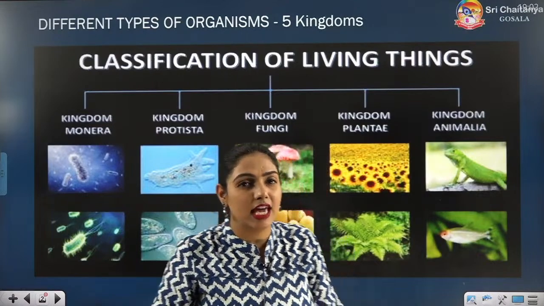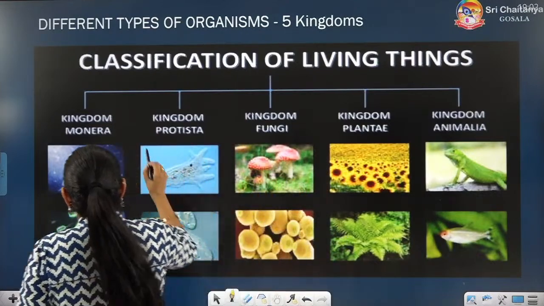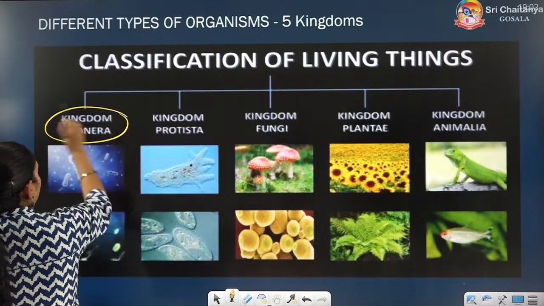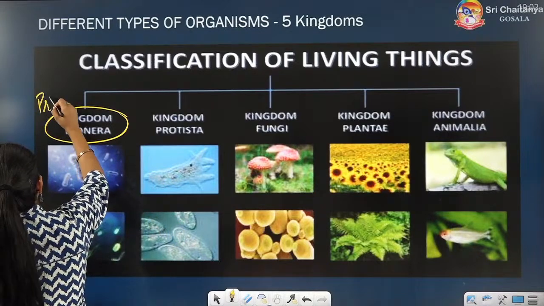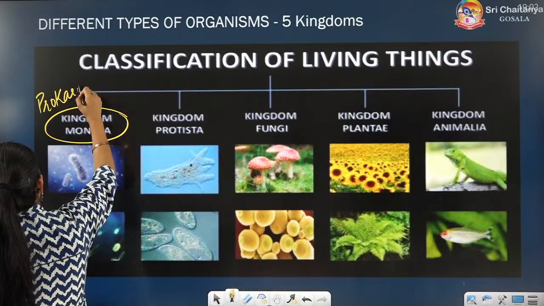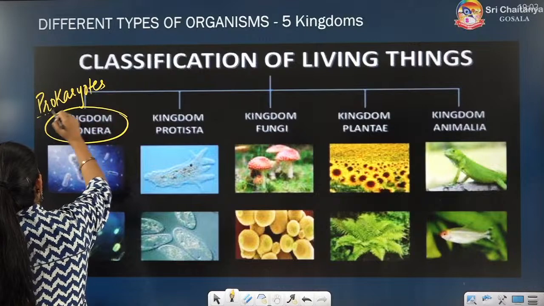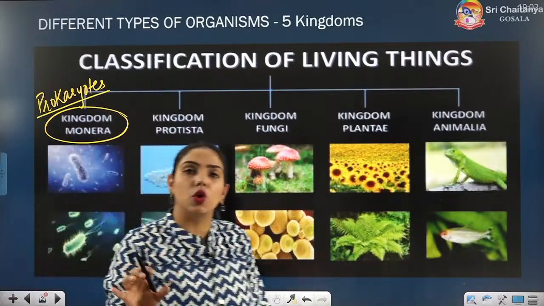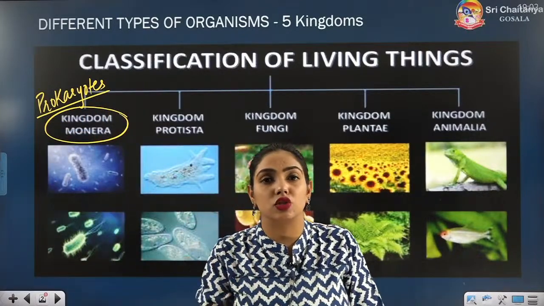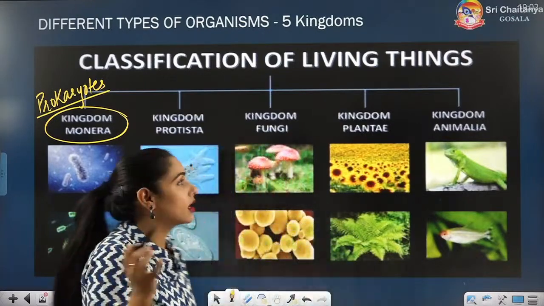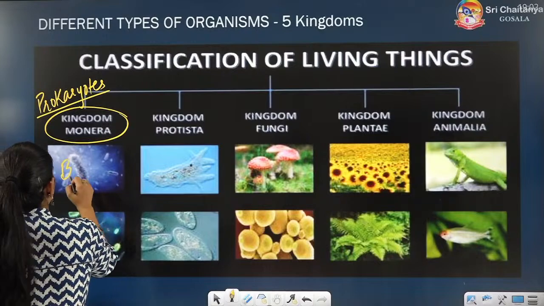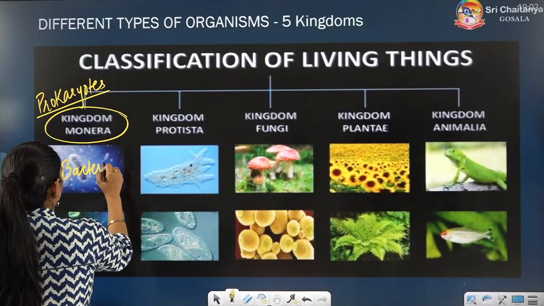If we talk about the kingdom Monera, in this kingdom we are talking about the prokaryotes. Prokaryotes are those in which there is no defined nucleus, no true nucleus. So bacteria come under Monera. You can see bacteria here.